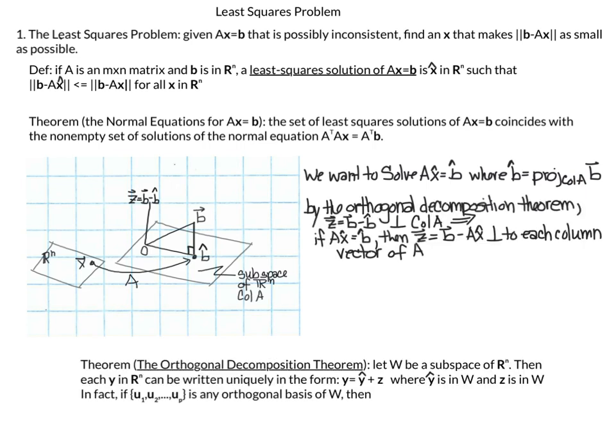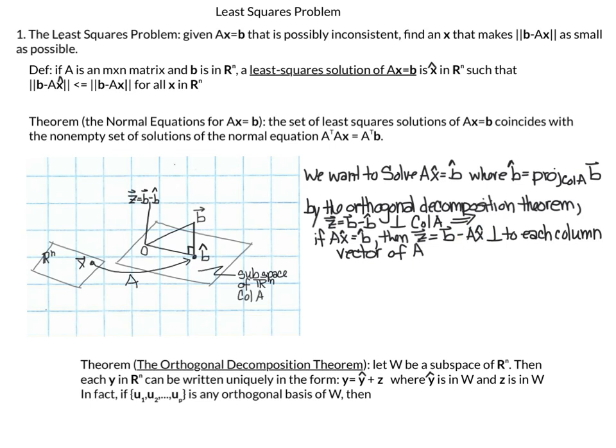Now, by the orthogonal decomposition theorem, which I have here for your reference, the one we were just looking at in the previous slide, Z, which is equal to B minus B hat, is orthogonal to B hat and also orthogonal to the column space of A. So if we find this X hat such that AX hat equals B hat, we can substitute AX hat for B hat.